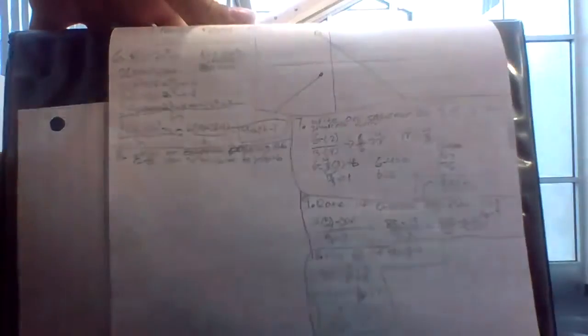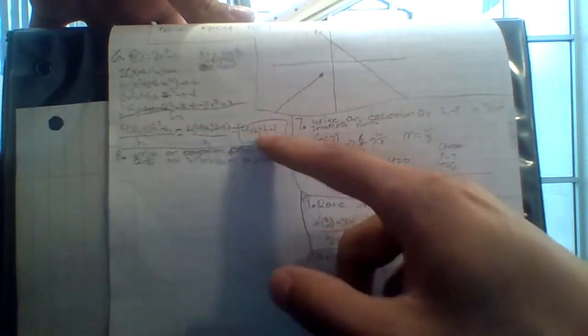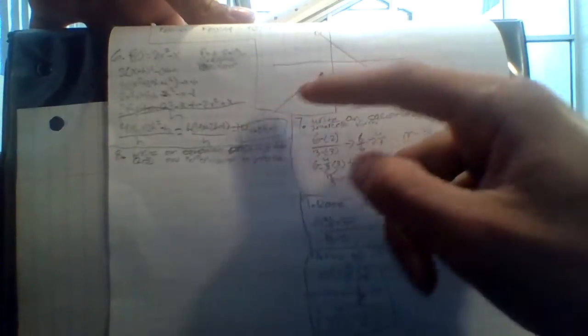And then once you do all these steps, when you plug in the h's and you start distributing and then dividing out your like terms, you'll get 4x plus 2h minus 1.